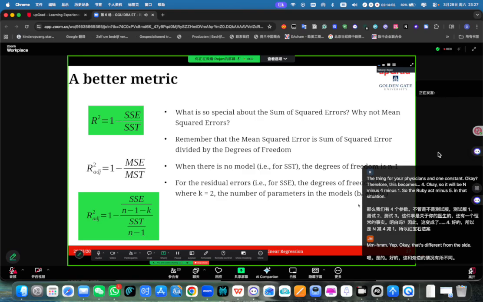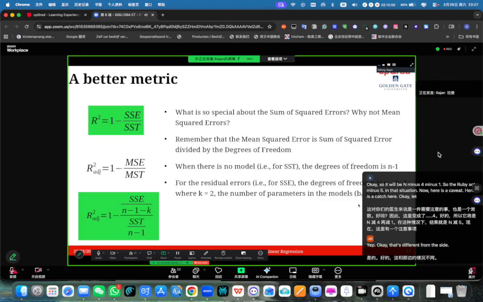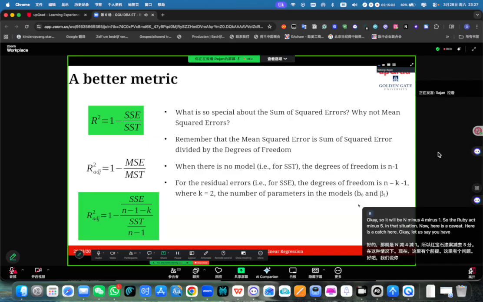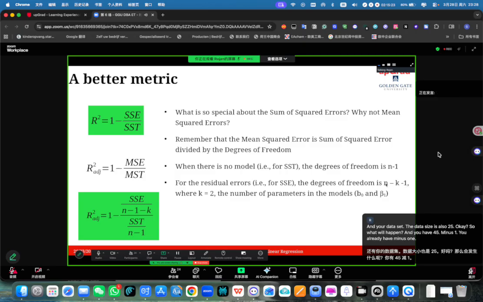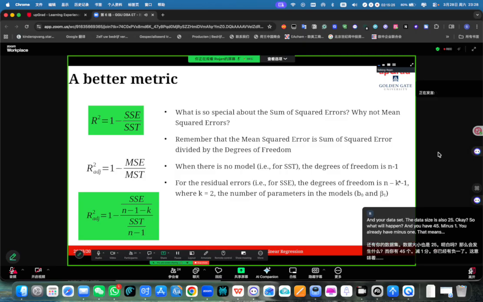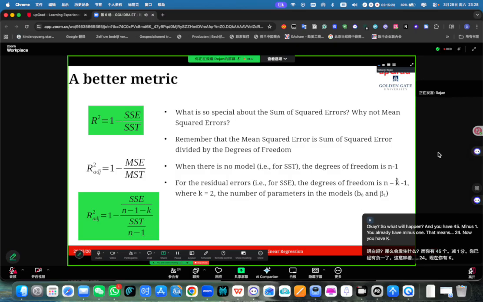Now here is a caveat. Here is a catch. Let us say you have 25 variables and your data size is also 25. So what will happen? N is 25 minus 1, you already have minus 1, that means 24. Now you have K, K is 25.